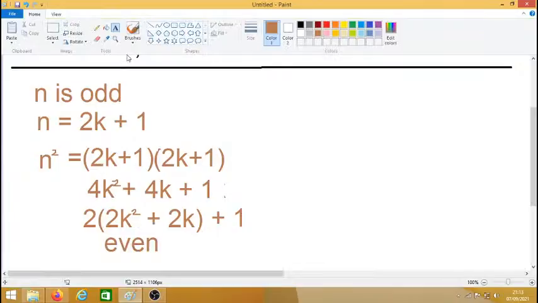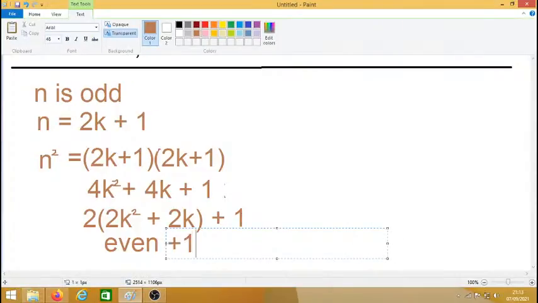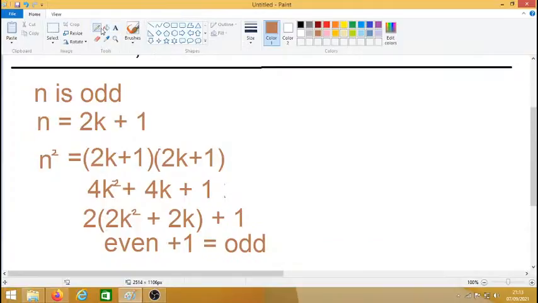Plus 1, if we take an even number then add 1, then we're going to get an odd. So what we're saying is that if we start with n is odd, then we're going to get n squared to be an odd number.